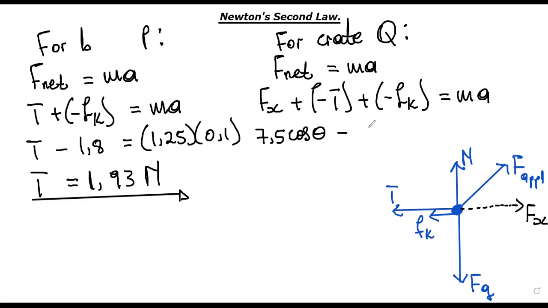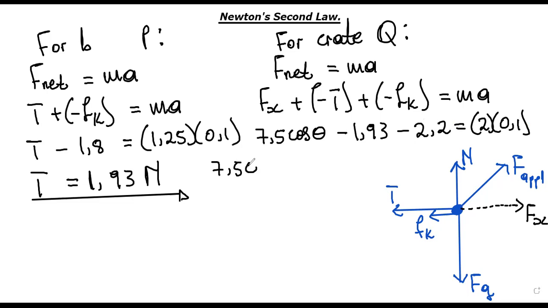Then you say minus the magnitude of the tension we already calculated, the kinetic frictional force acting on Q, it's given to us in the statement as 2.2 newtons. The mass of this block is 2 kg. The acceleration is 0.1, like that. Now, on the left-hand side, we are left with 7.5 cosine theta.